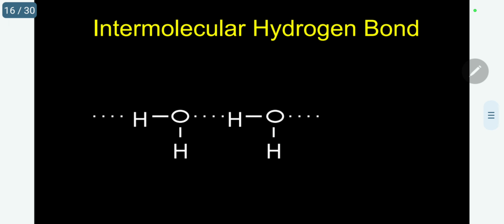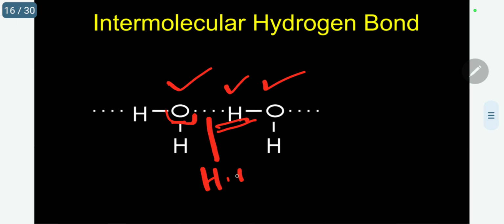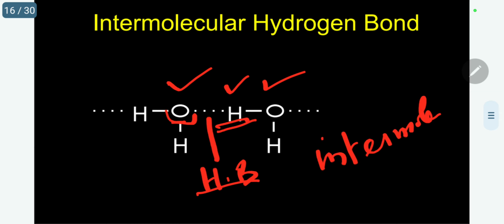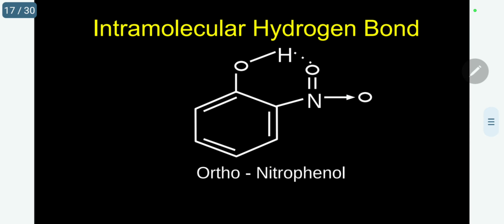This is the definition: when a hydrogen is placed between two electronegative atoms, the force of attraction between hydrogen and the non-bonded more electronegative atom is called hydrogen bond. This is called intermolecular, between two molecules. Is it clear? Now we'll go for intramolecular.